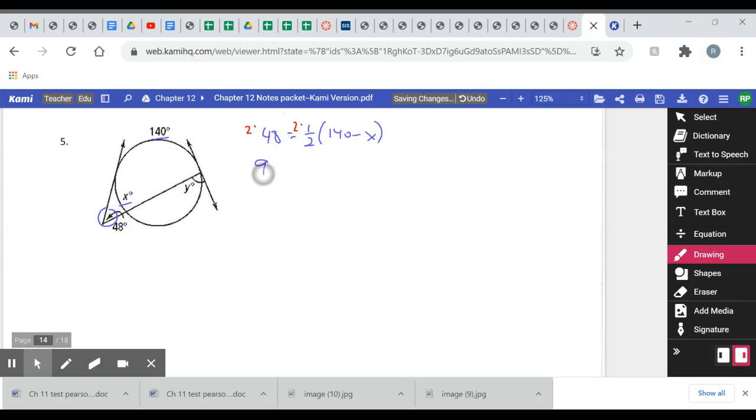So I end up with 96 is equal to 2 times 1/2 is 1. So now I don't have to distribute that 1. I just get 140 minus X. From there, I can go and subtract 140 on both sides.